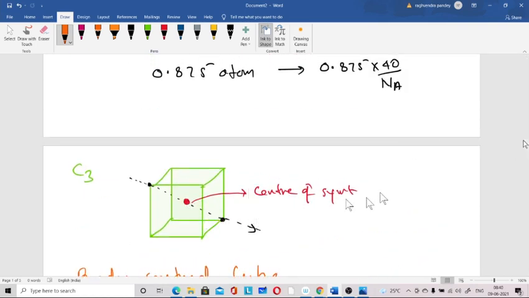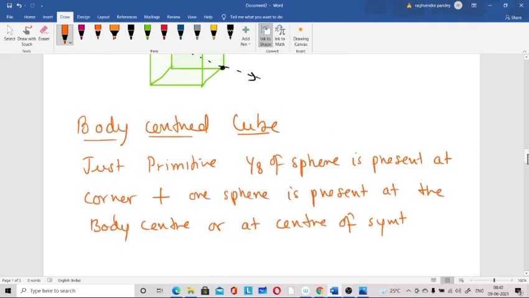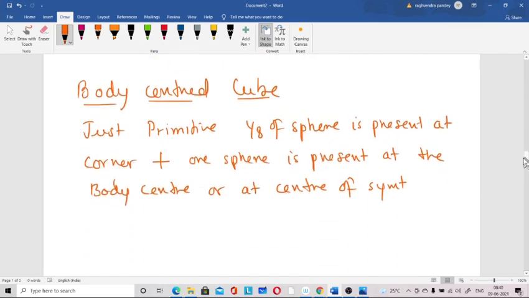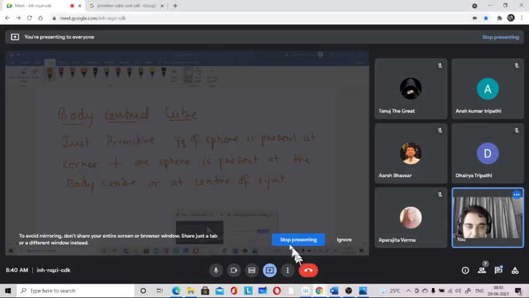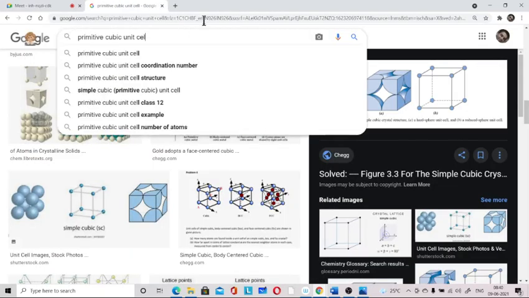The center of the sphere is the center of the cube in this case, the body center. Now let's take a look at this body center.